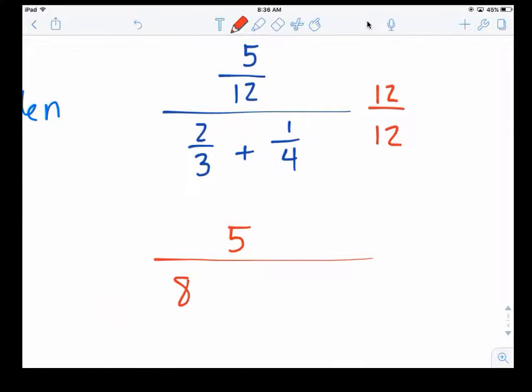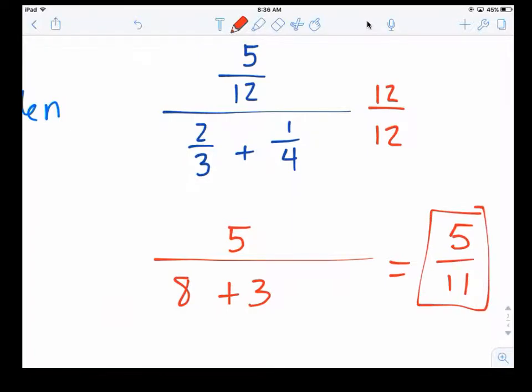You're multiplying this by 12, and you're multiplying this by 12. Plus 3, and that gives you 5/11, which is what we got in the other answer. So again, you can do either way.